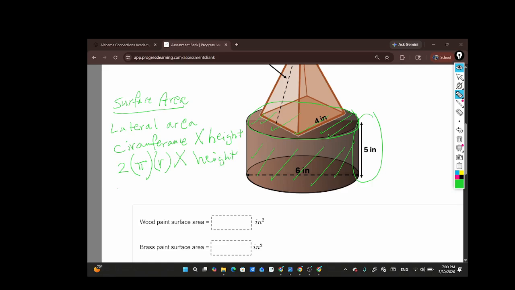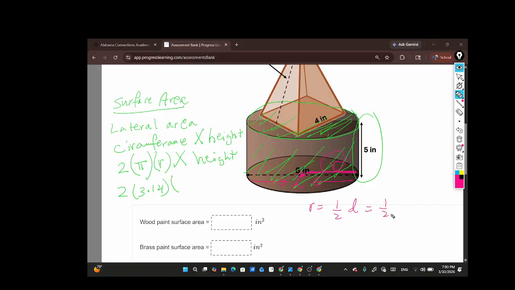Now we need to substitute: 2 times 3.14 times the radius. The base at the top is the same as the base at the bottom. If this point is the center of the circle, and here is the radius, we have a diameter of 6, and the radius is equal to half of the diameter.